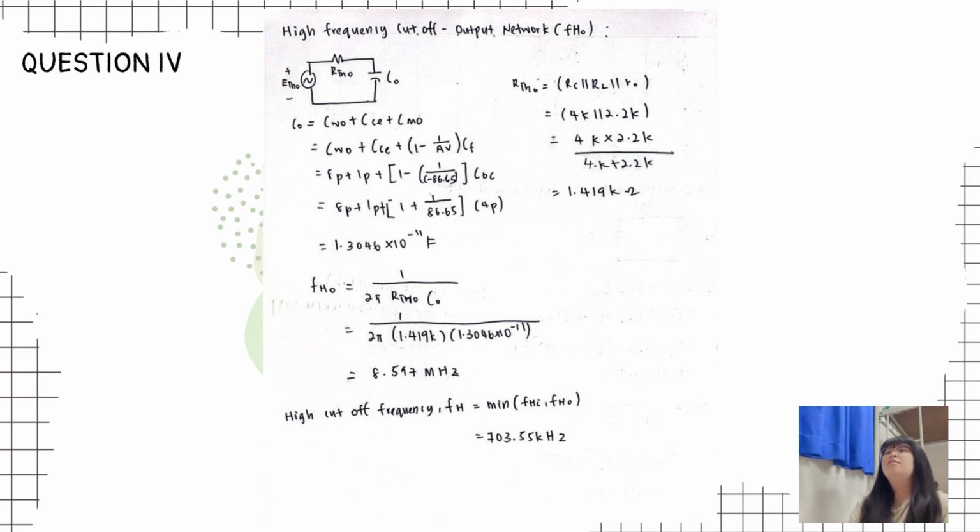Next, we find the total resistance for the output network, which is Rc parallel to Rl and parallel to Ro, giving 1.419 kilo ohms. Then we find the output frequency using the formula 1 over 2 pi resistance times Co, which gives 8.597 megahertz.